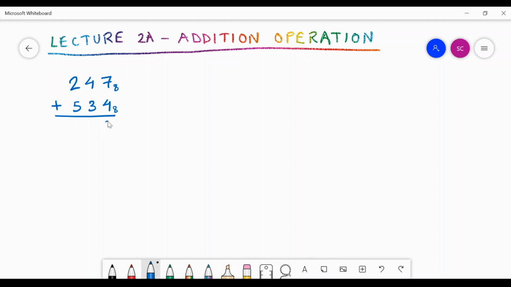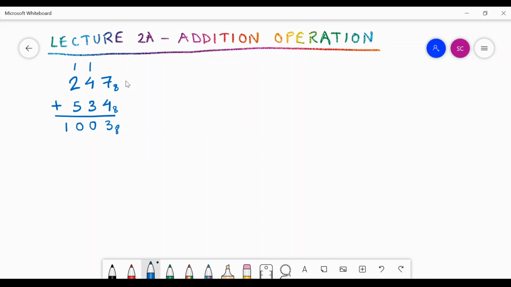So 3 is here, and 1 goes to the carry. Then 1 plus 4 is 5, plus 3 is 8, but 8 in octal is 10. So we put a 0 here and 1 carried. Then 1 plus 2 is 3, plus 5 is 8 again, so 0 and 1 here. So this is the octal addition.